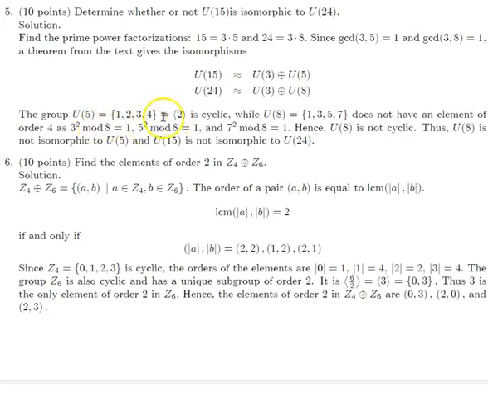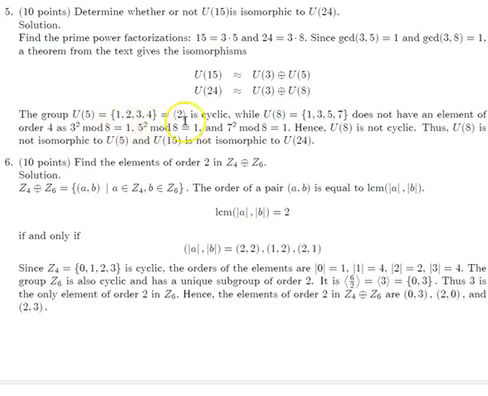U5 is cyclic generated by 2, because 2 squared is 4, and 2 cubed is 8 mod 5, which is 3, and 2 to the 4 is 2 times 3, 6 mod 5, 1.